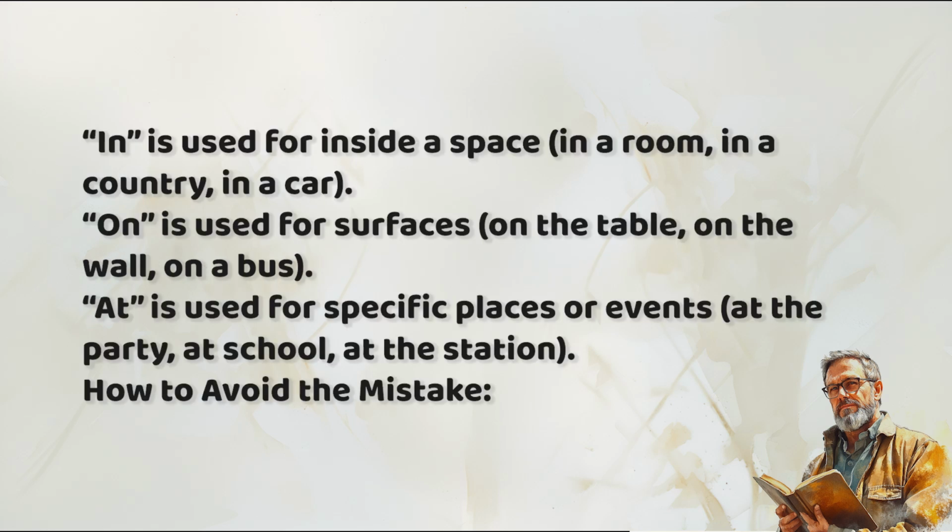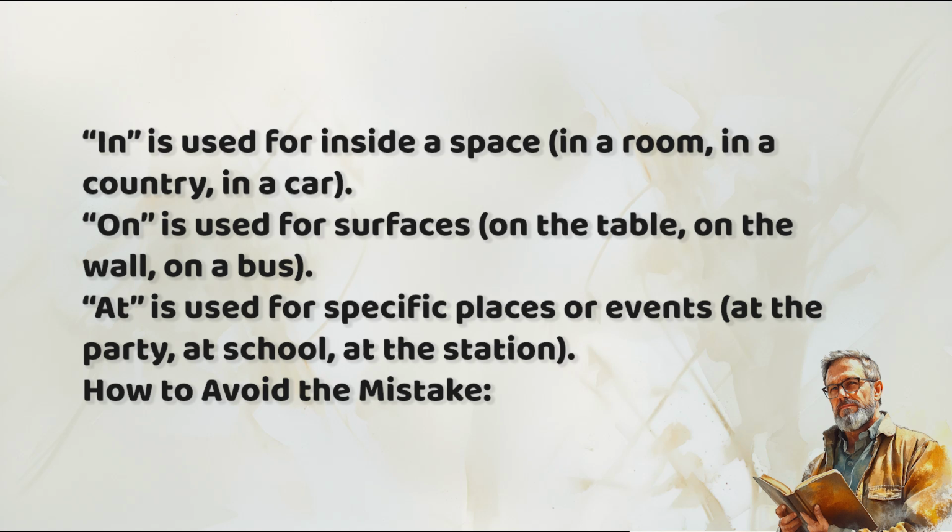For example, in is used for inside a space: in a room, in a country, in a car. On is used for surfaces: on the table, on the wall, on a bus. At is used for specific places or events: at the party, at school, at the station.